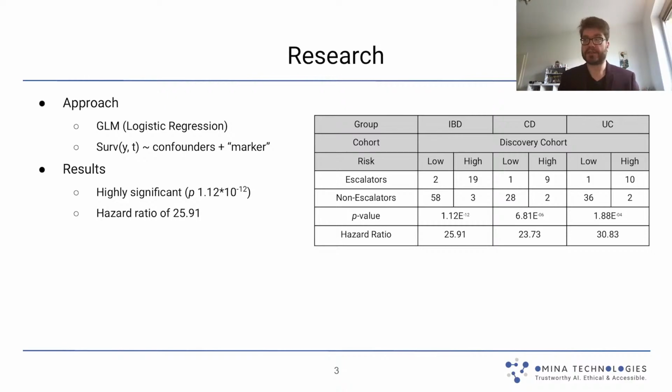And for that we decided to go for an interpretable model, namely a logistic regression, where we also of course took into account confounders and several other effects, but we found that we were able to have a really good marker with a very high hazard ratio that was quite convincing. And also when we went to another data set from another university, another hospital actually I should say, we are able to reproduce the findings with slightly lower numbers, but still very convincing numbers.